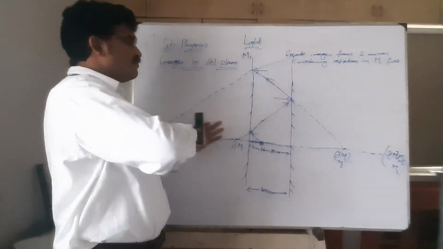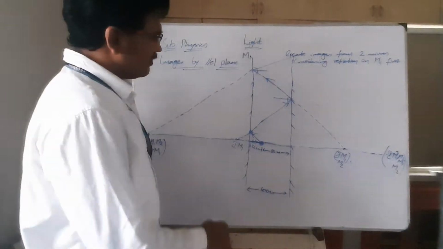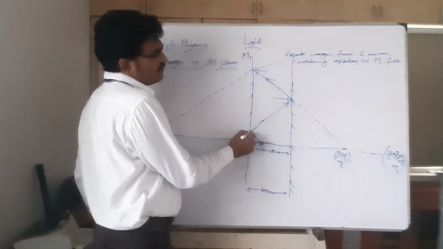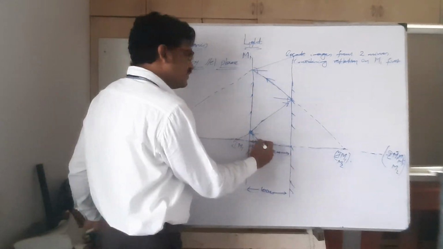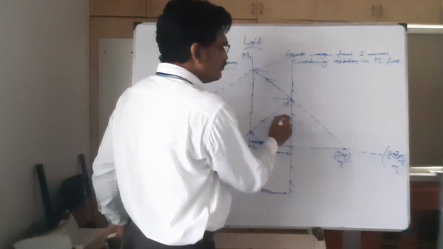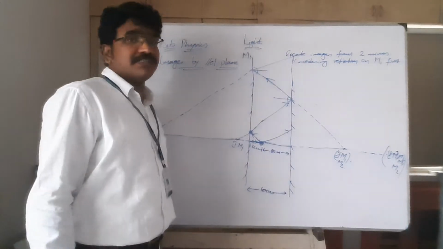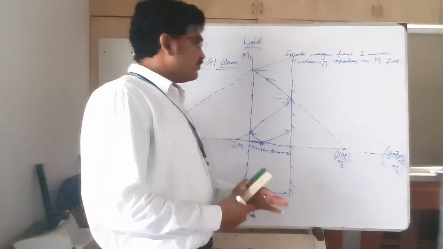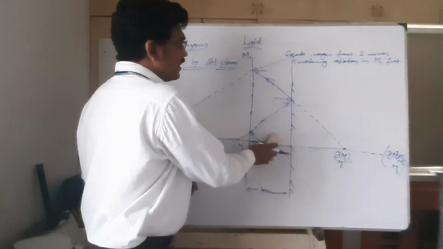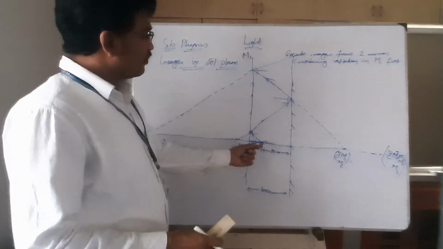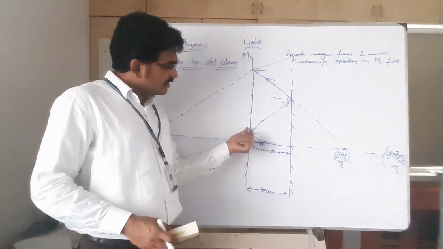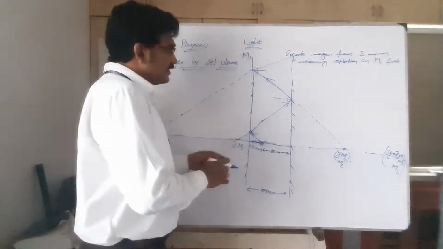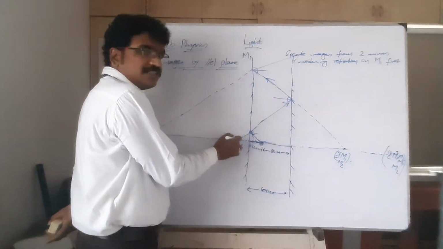So another image also I am going to get in that direction. Like that, a number of images will come. Even if you consider the first reflection on M1, you can also consider the first reflection on M2, and again you are going to get a number of images. Like that, any number of images we can draw. So the fundamental point, again: I have taken one object, and taken the first reflection on M1. After taking the first reflection, I got the first image.